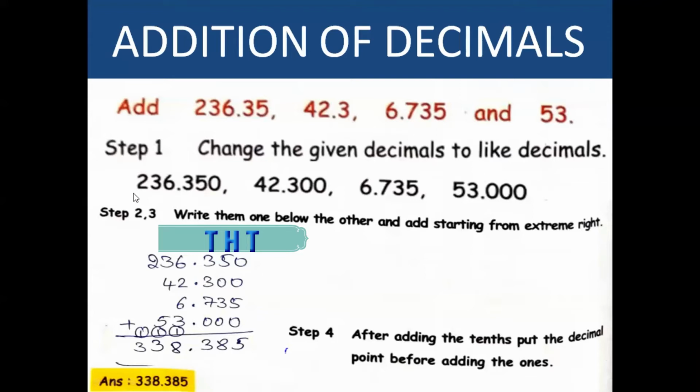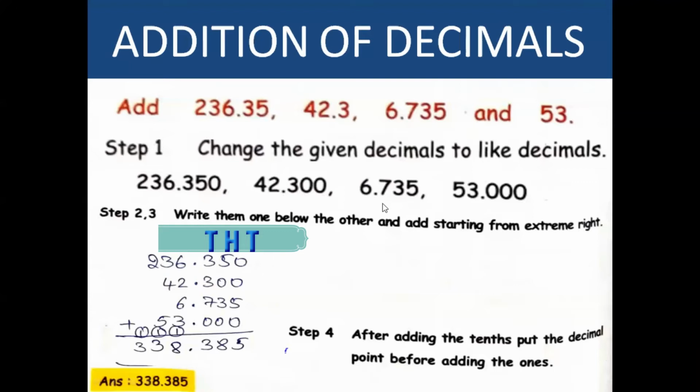Now see, 236.350. Next, 42.300. We are adding two zeros here. Next, 6.735.